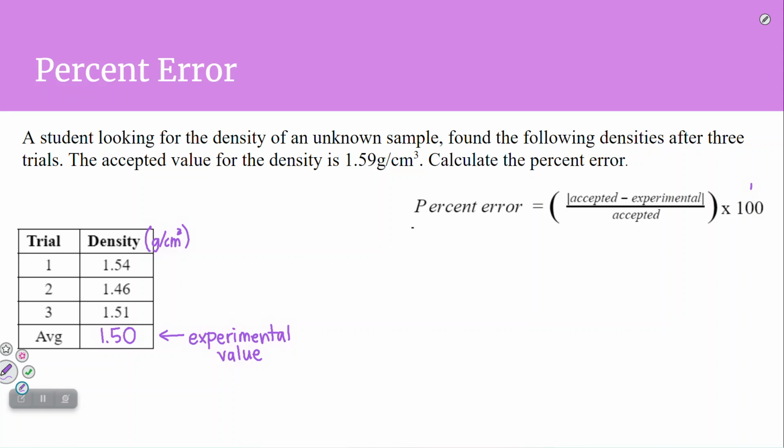Okay, so we'll go ahead and plug these values into our expression here.